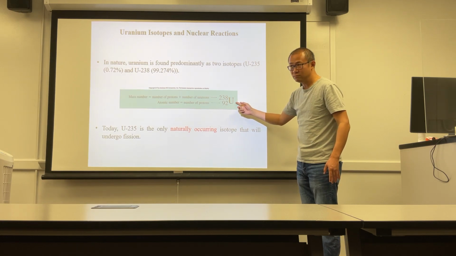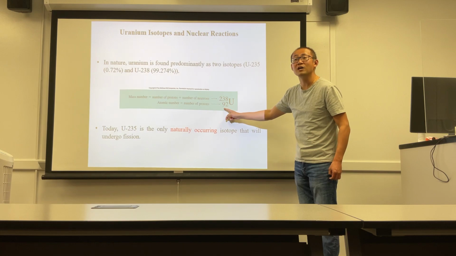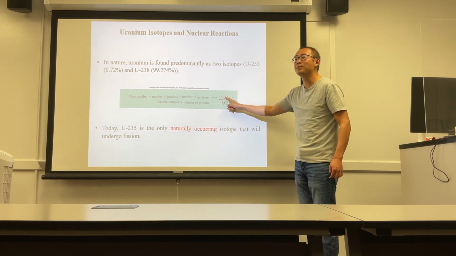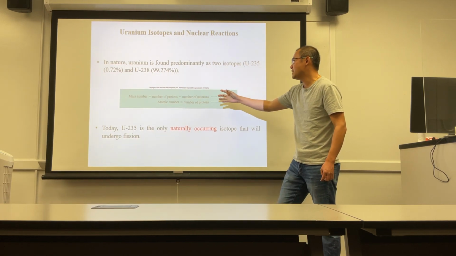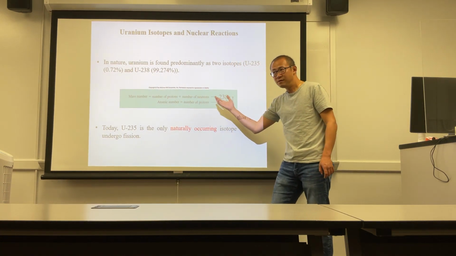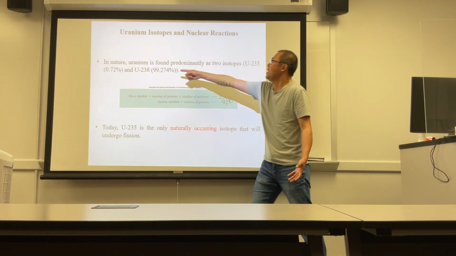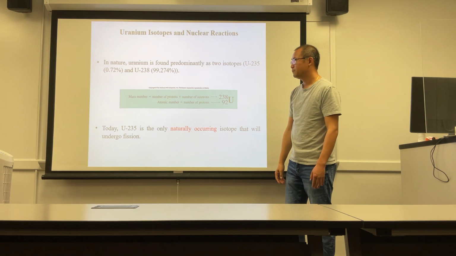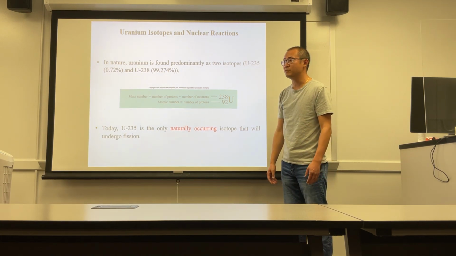In the symbol, left subscript is what? The proton number or atomic number, right? The top left superscript is what? Mass number, which means the number of protons plus neutrons. Okay, we will use this a lot, to represent the nucleus in these chapters.